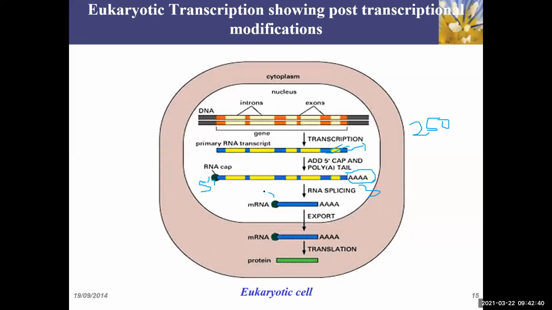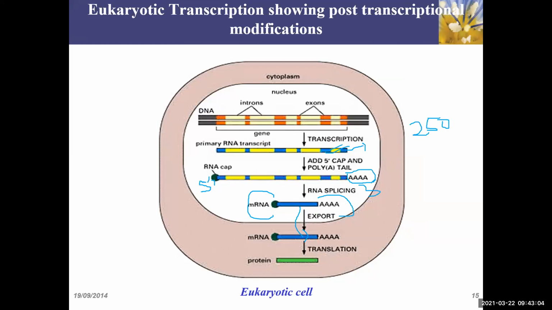Now it has a cap on this side and a tail on this side, and now this RNA can be exported, and it is ready to begin the translation in the cytoplasm. Are we okay about it? This was the post-transcriptional modification.